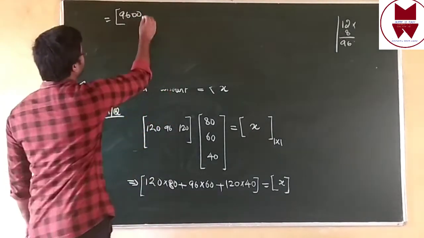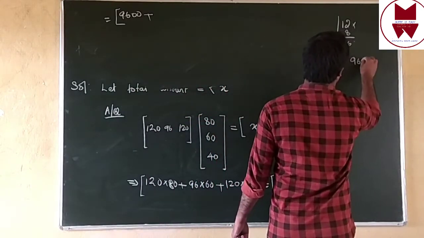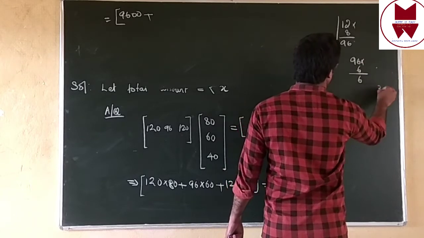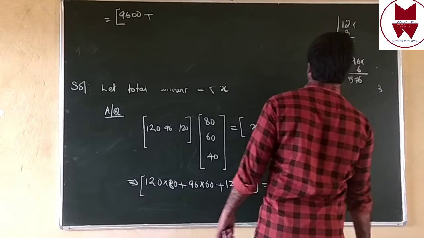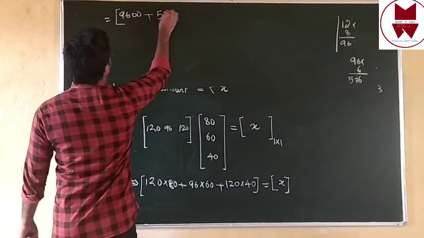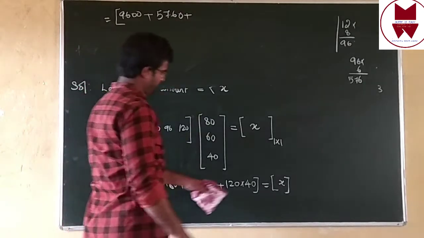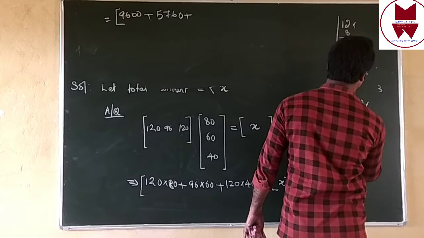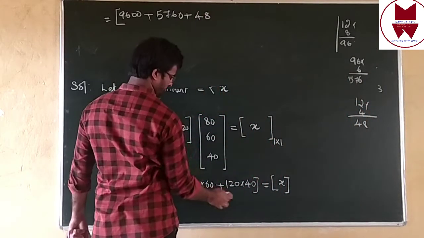Plus 96 into 60. Okay, we can write 96 into 6. 6 into 6, 36. That gives 5,760, only 1 zero. Then 120 into 40. We can write 12 into 4, 48. How many zeros? 1, 2. 2 zeros, so 4,800.